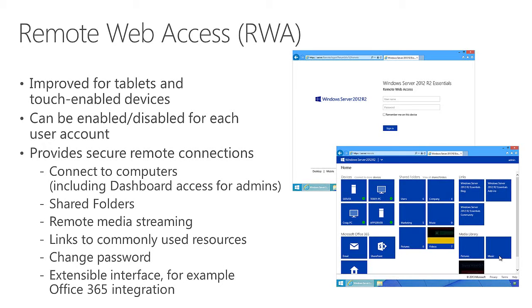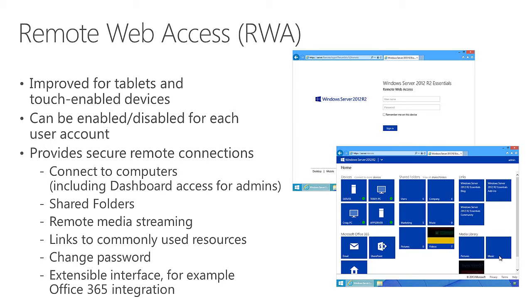In this version, we have tried to align the experience to what you'd see with SkyDrive, so that it's very seamless for end users: no matter what application they're using or what experience they're using to access their files, it looks and feels the same.